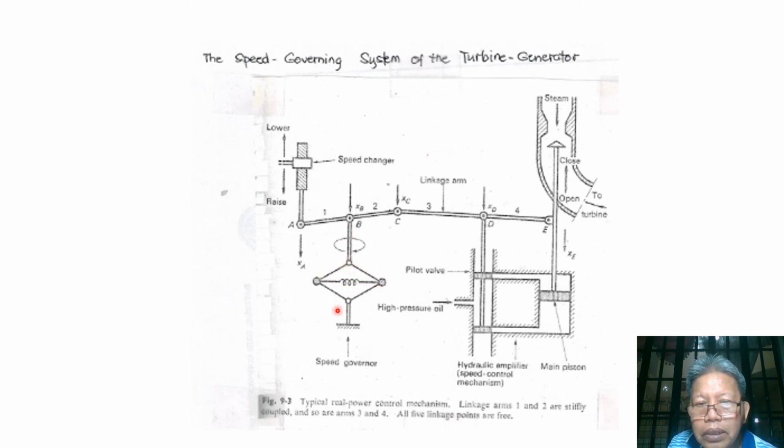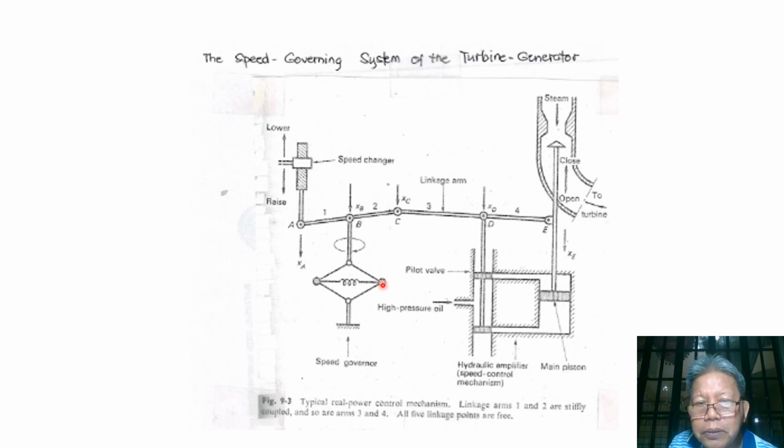Once the generator is running, the balls will tend to fly away. But since they are held by this spring and these bars, they can only go to a certain point, so the balls will be far from each other.